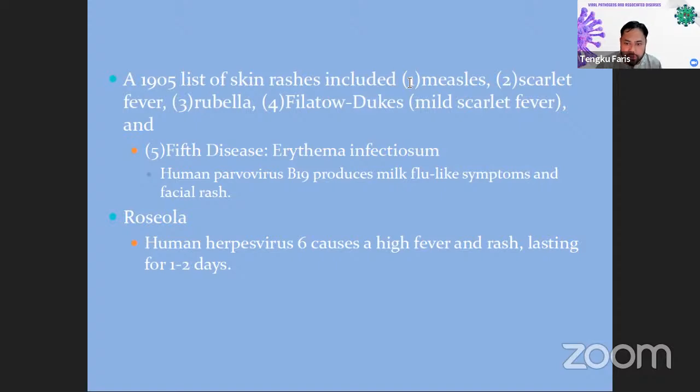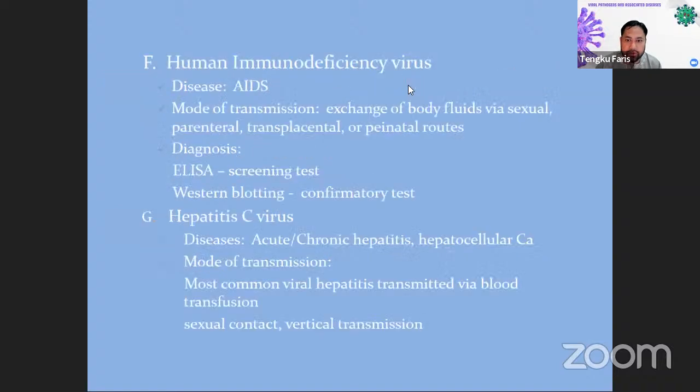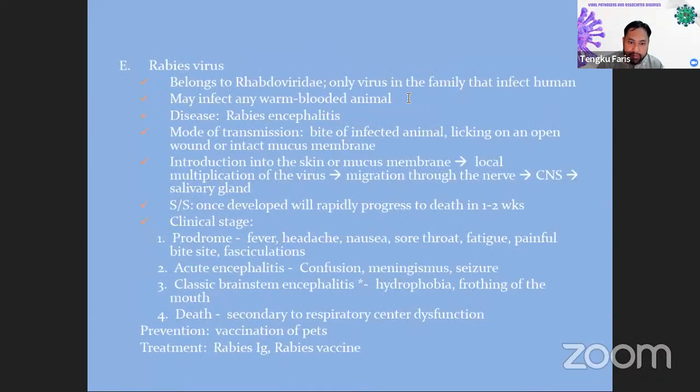I think after 100 years it comes again, or maybe 50 years back. Okay, so this is just a very rare viral. And this is the HIV. How do we detect it in the hospital? Hepatitis C virus. What is the lab diagnostic?